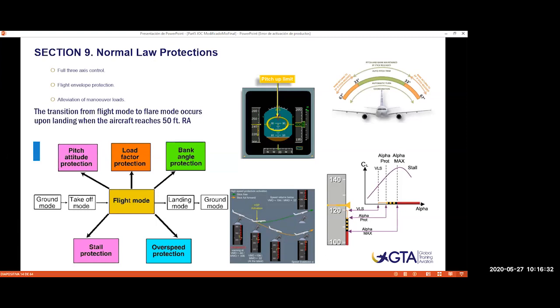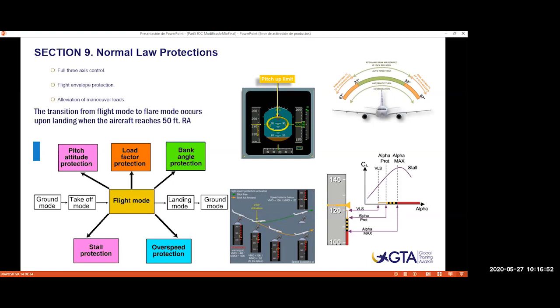And in normal law, as you can see here, there are 5 main protections: pitch attitude protection, load factor protection, bank angle protection, stall protection, and overspeed protection. So what is the pitch attitude protection?